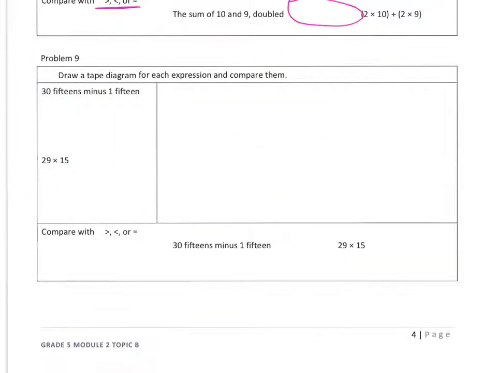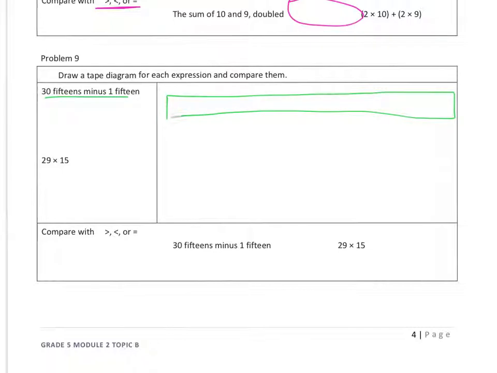And our last one, let's see, 30 15s minus 1 15. Okay, so it's going to be a long tape diagram. Let's see, divide that in half.